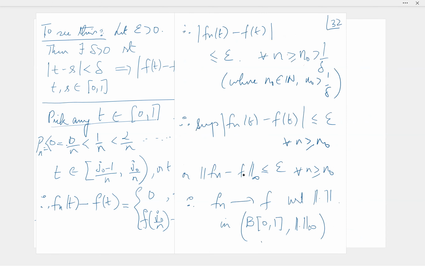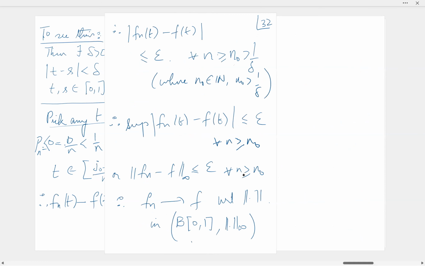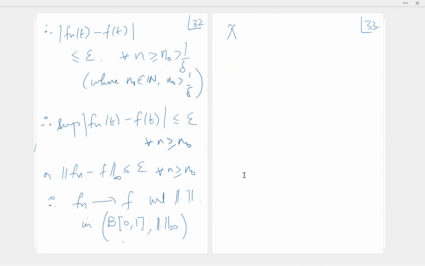But we have seen this delta tilde is a bounded linear functional. So this implies that this must go to the limit. Fine.